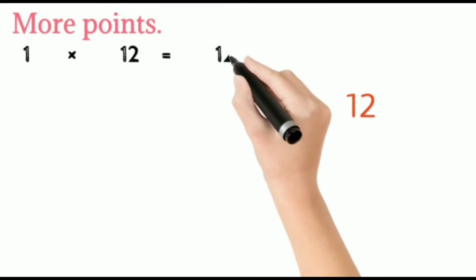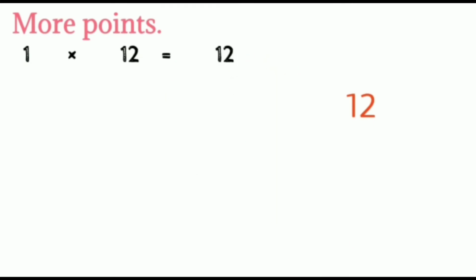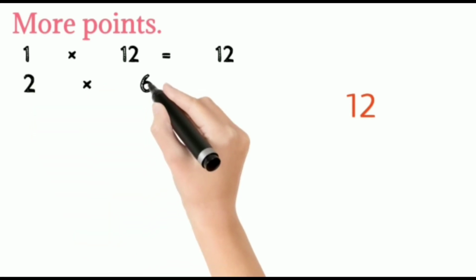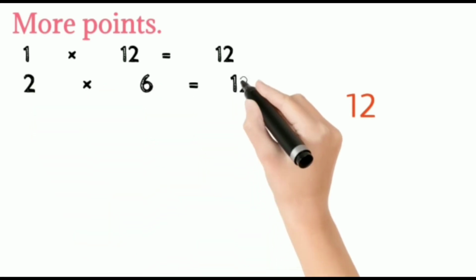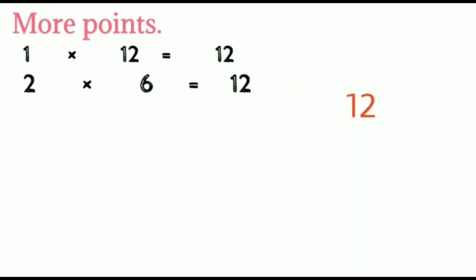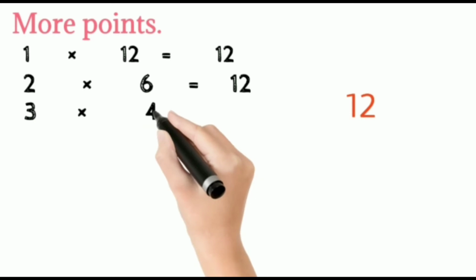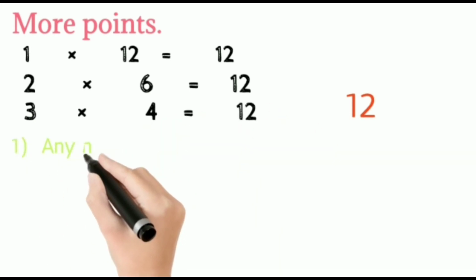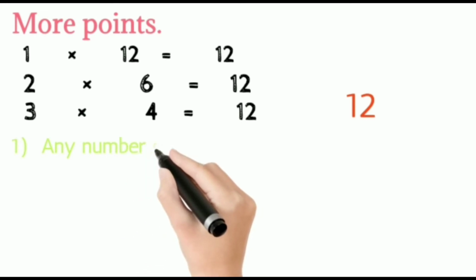Here 1 and 12 are factors. Next, 2 into 6 equals 12. Here 2 and 6 are factors. Next, 3 into 4 equals 12. Here 3 and 4 are factors.